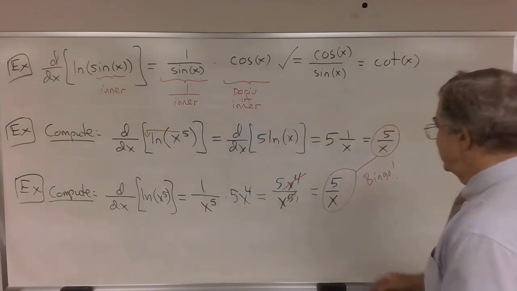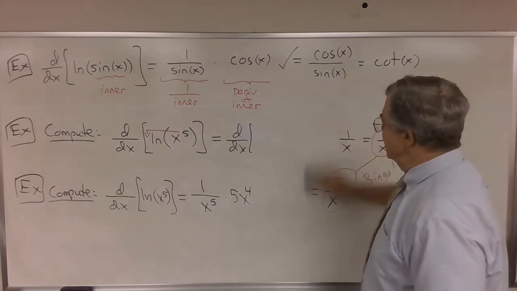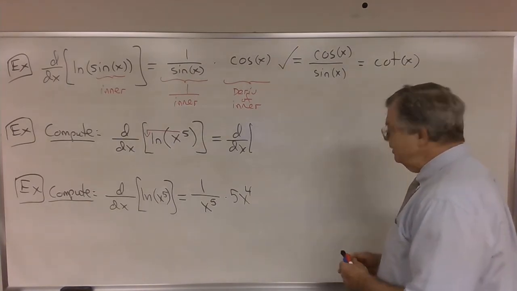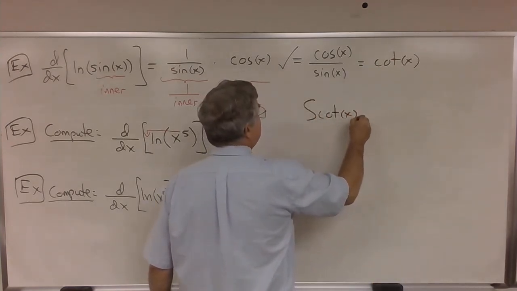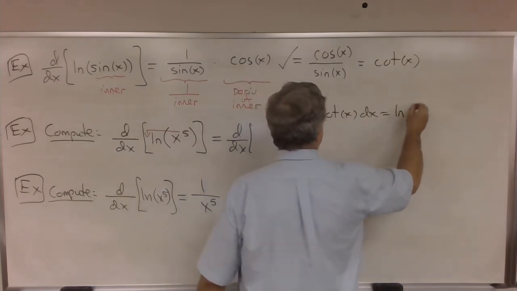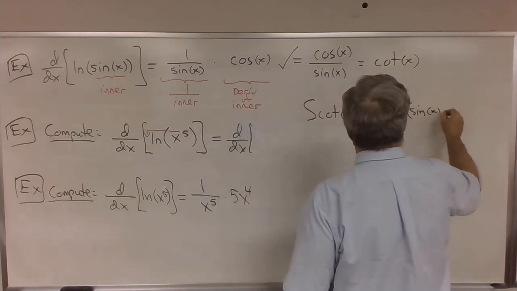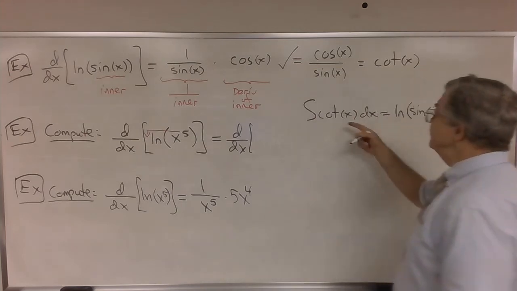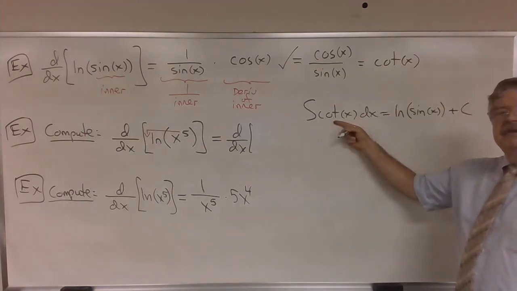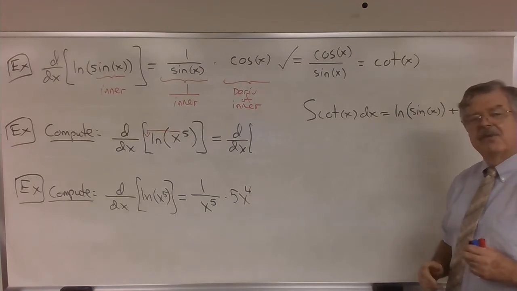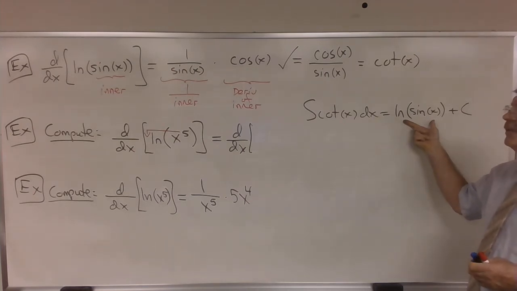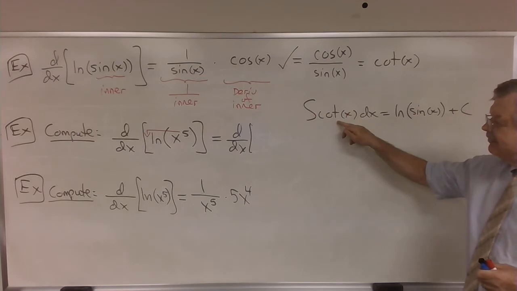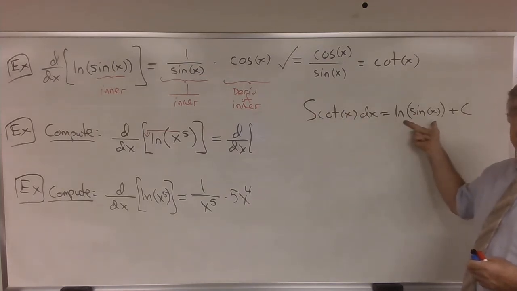So we can say, based on this, and we will address this a little bit later, that the integral of cotangent x dx is natural logarithm of sine x. And the reason we didn't know the antiderivative of cotangent x before this was because we had never seen this function before. So how would we know what function we have to compute the derivative of to get this thing if we'd never seen that before?